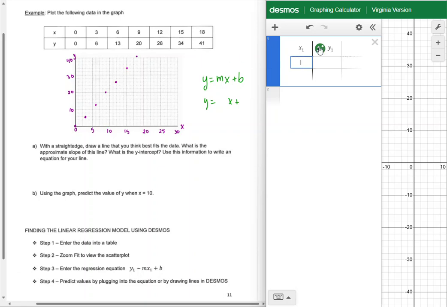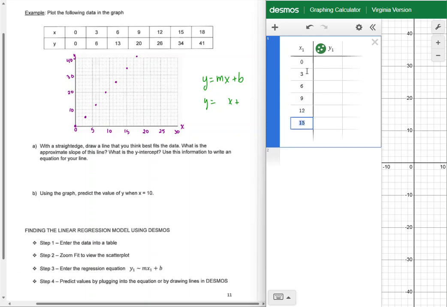It's important to know the x1 and y1 are here. All right, so I'm going to plug in the table. I'm putting in only the x values first: 0, 3, 6, 9, 12, 15, 18, which are these values over here. And then I'm going to plug in the y values: 0 goes to 6, 3 goes to 13, 6 goes to 20.